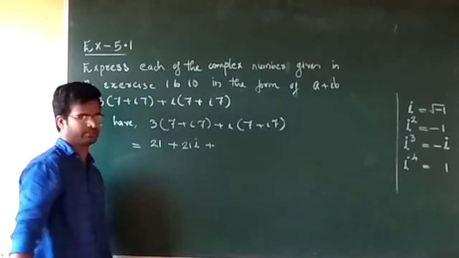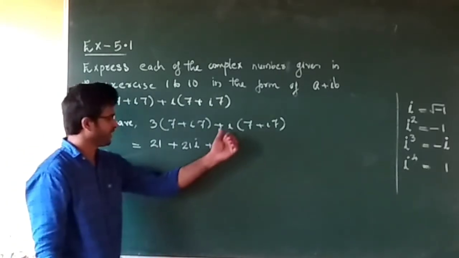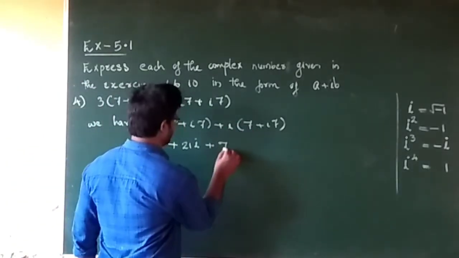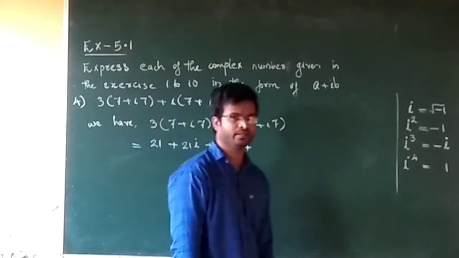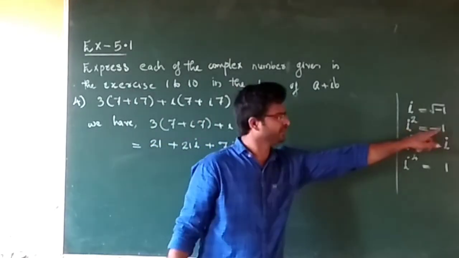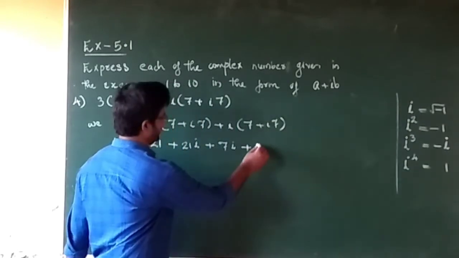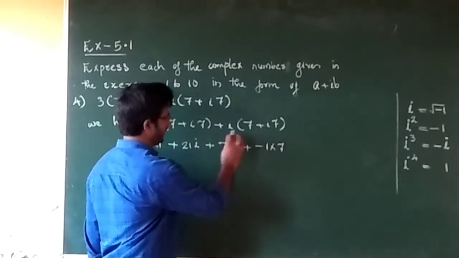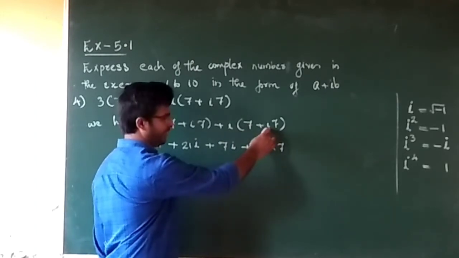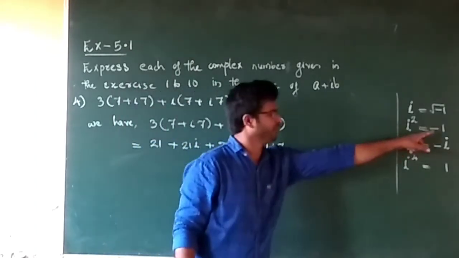Using i also, just remove the bracket. Then i into 7, 7i, plus i into i into 7, that is i square, isn't it? i square means minus 1. You can write minus 1 into 7. Keep in mind, i into i is i square, and i square means minus 1.